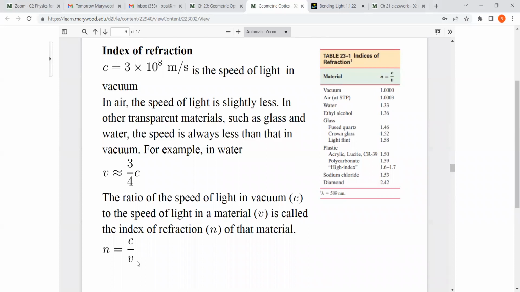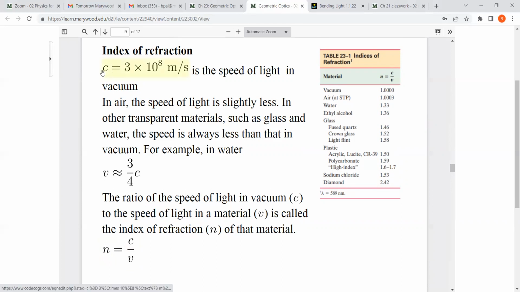If I want to know the index of refraction, or the refractive index, for water, then it is the ratio of the speed of light in vacuum, which is a constant, and the speed of light in water.